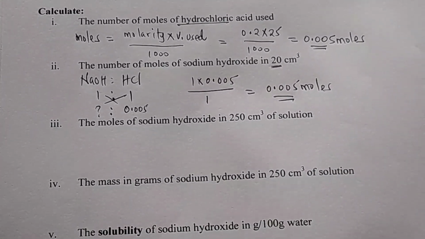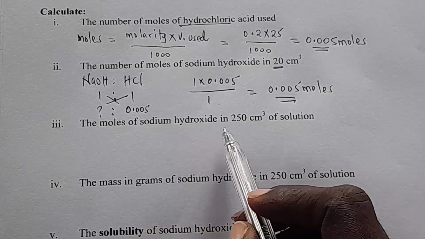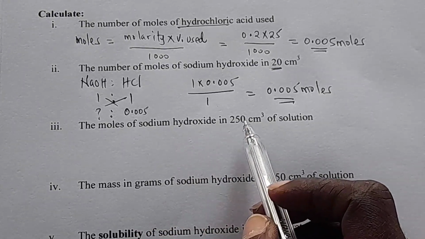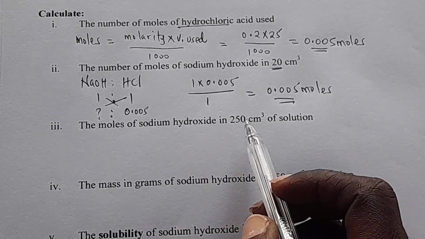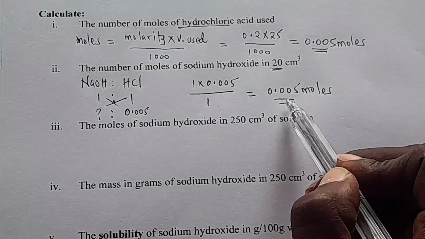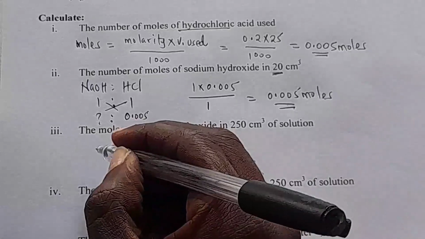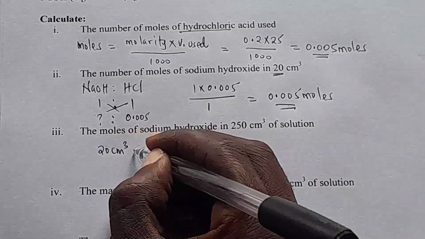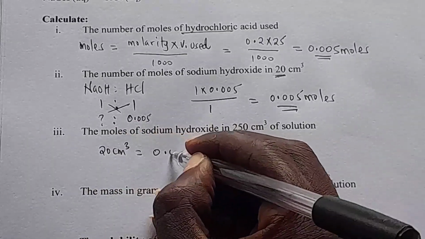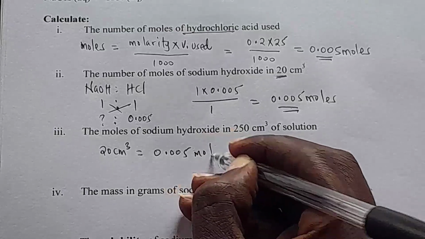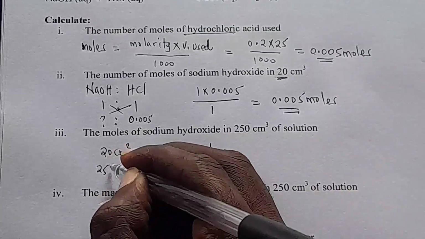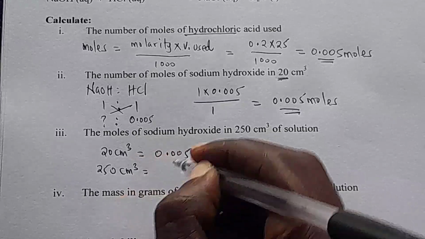Then thereafter, question 3, we are told to find the number of moles of sodium hydroxide in 250 centimeter cube of solution. Learners, we were dealing with the number of moles of sodium hydroxide in 20 centimeter cube. So we can say if 20 centimeter cube of sodium hydroxide has 0.005 moles, what about 250 centimeter cube? We can relate that.